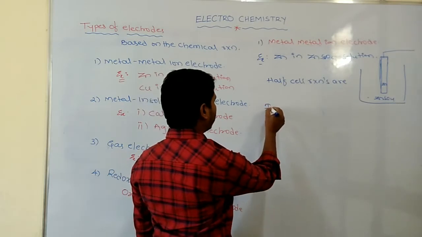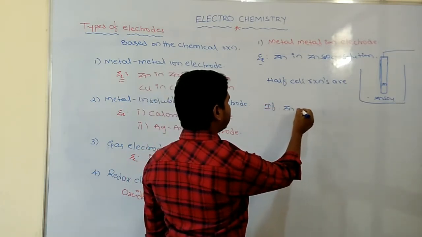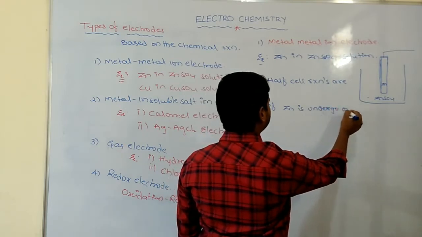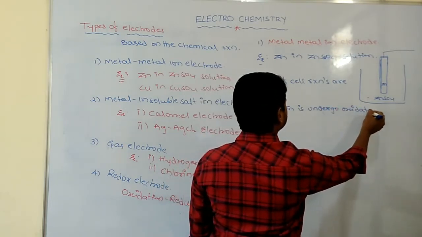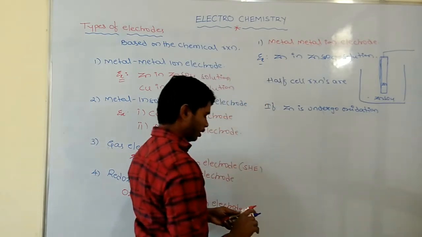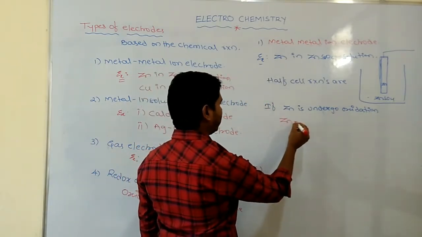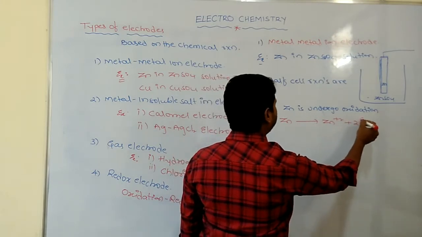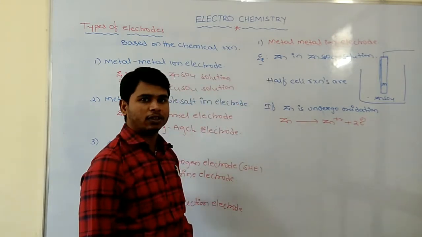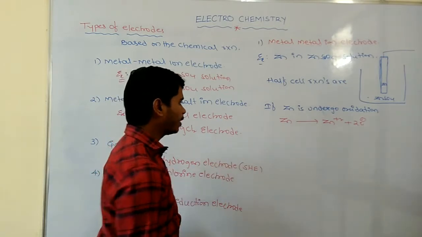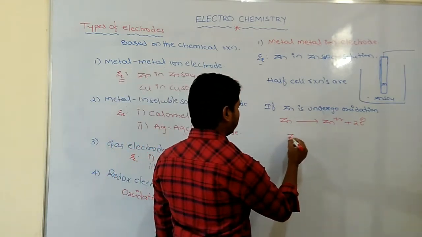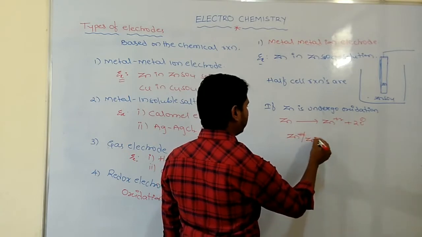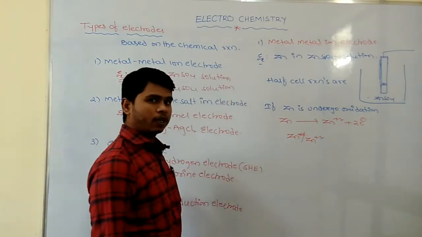If the zinc undergoes oxidation, then the zinc loses 2 electrons and is converted into zinc plus 2. The cell representation here is zinc by zinc plus 2.